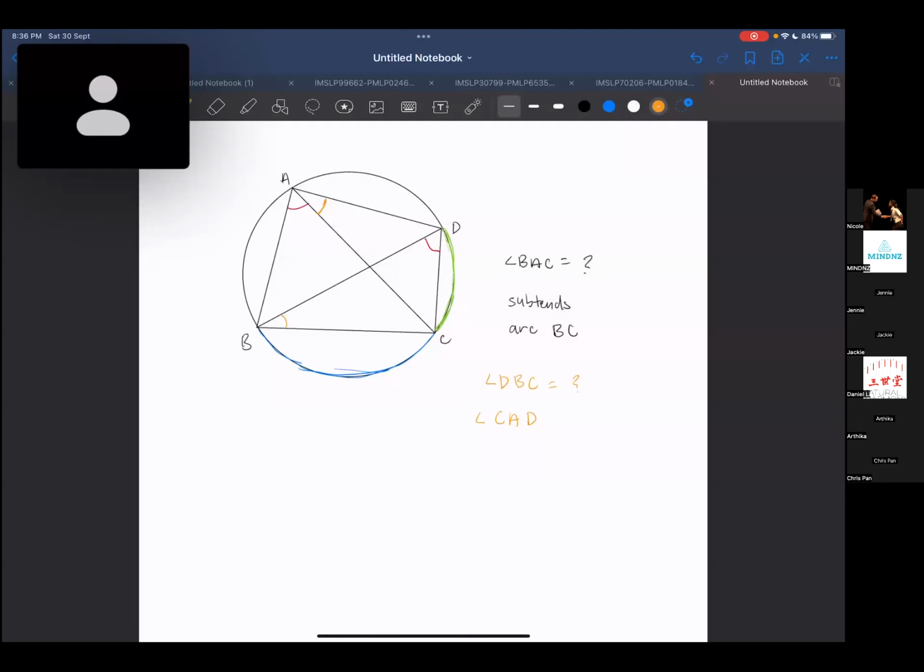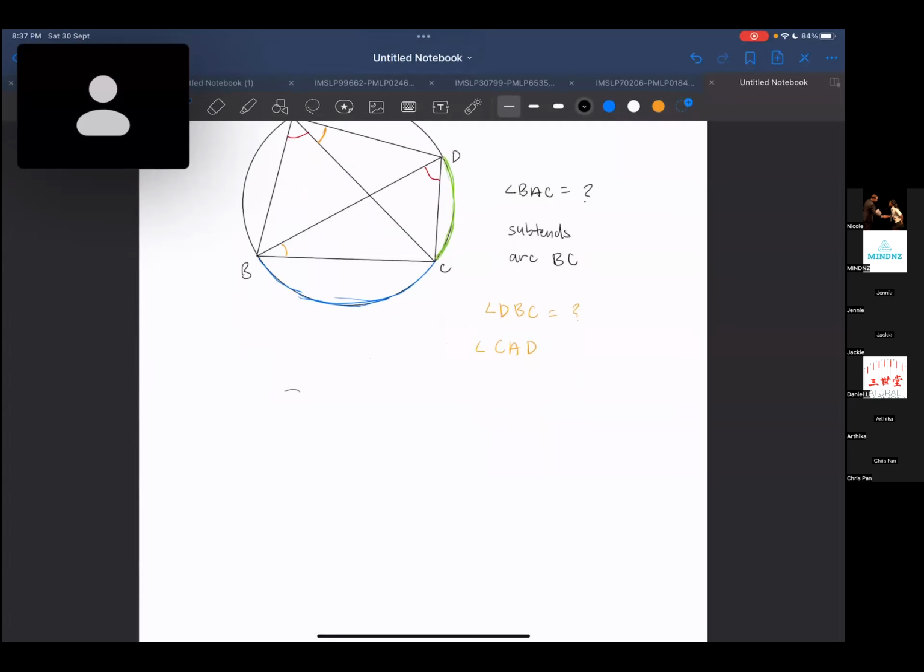Okay, so what we want to prove is that opposite angles in a cyclic quadrilateral are going to be supplementary. In other words, that they add to 180 degrees. So I think there's a really straightforward way of approaching this, if we just keep on applying the same property that we learned just before.